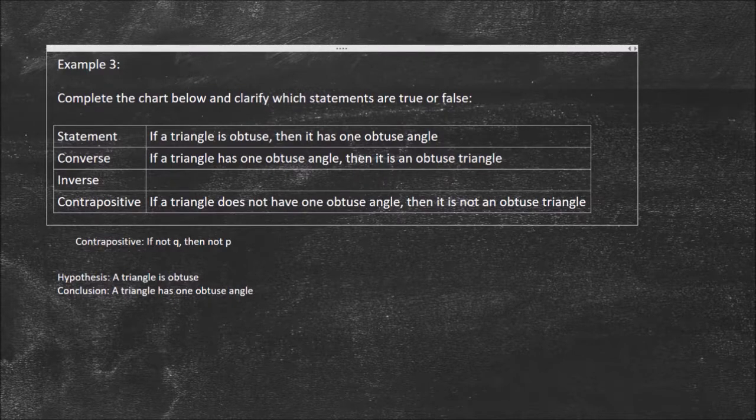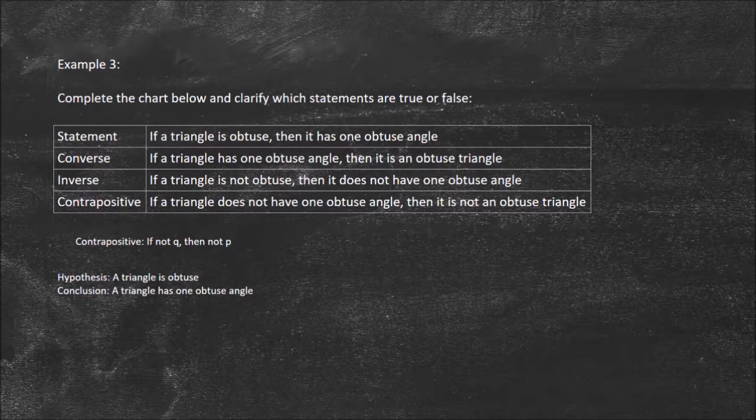Now let's think about the inverse, which says if not P, then not Q. So if a triangle is not obtuse, then it does not have one obtuse angle.